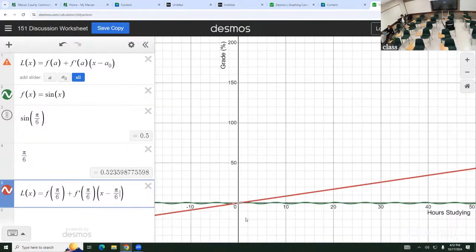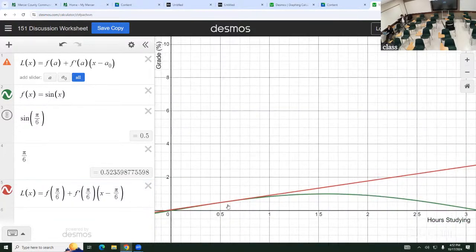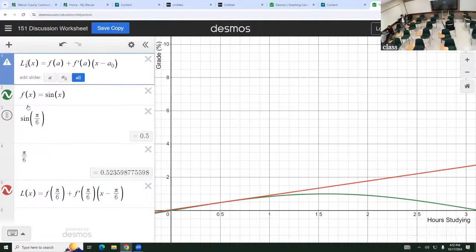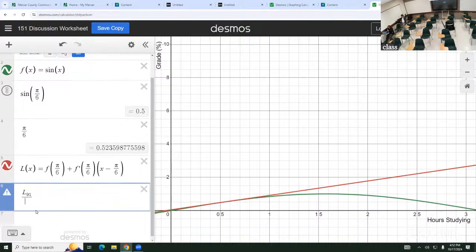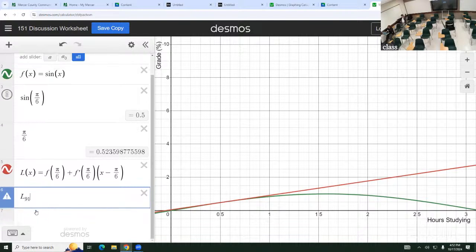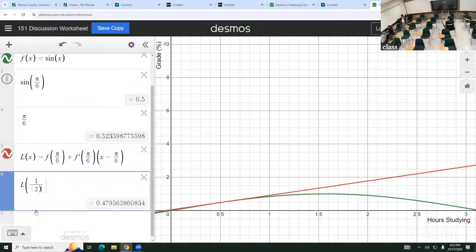Now you see the tangent line, and it graphed very nicely, and at 1/2 it's very close to 1/2. So if I use this L of x to do L of 1/2, that's the approximation I get, 0.479.